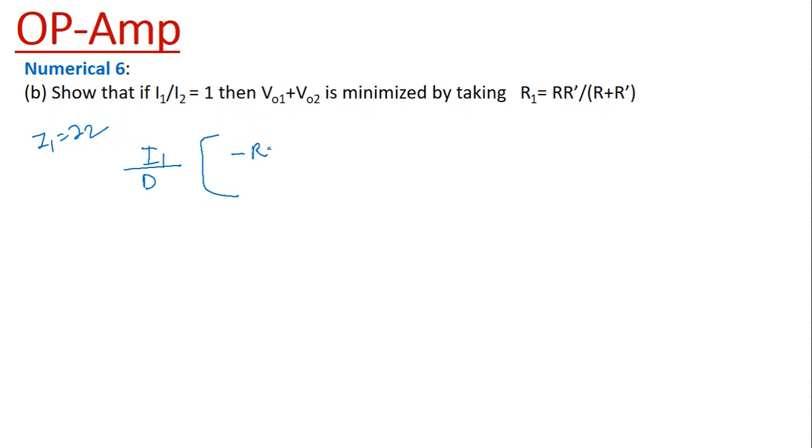minus R dash R Ri AV plus AV Ri R1 into R plus AV Ri R1 into R dash. This we are getting.